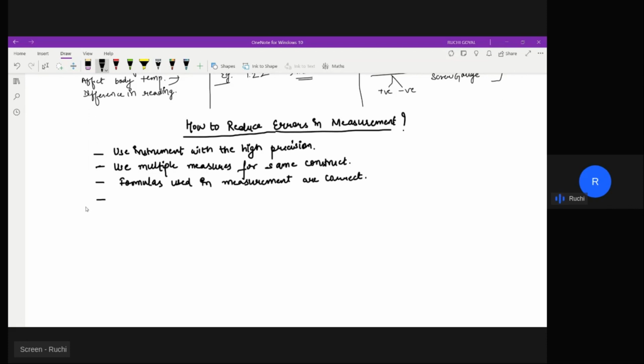You have to make sure. Now you can check the measured value. Cross check the measured value, right? For improved accuracy.